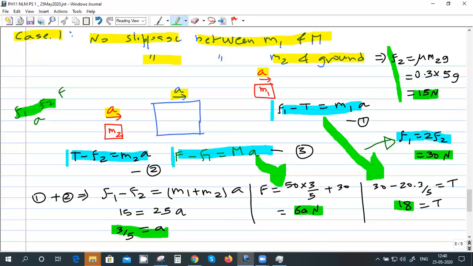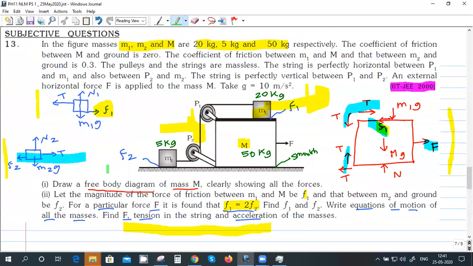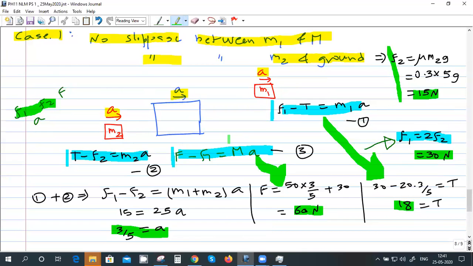So you can use 1 or 2. I have used 1. So all the values are in SI units. So acceleration is 3 by 4 meter per second square. Tension is 18 Newton. So yeah, it's a subjective question. So these are the correct answers.